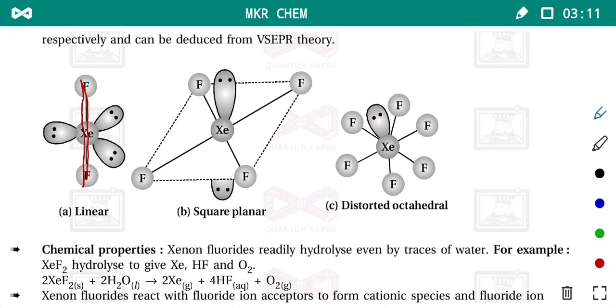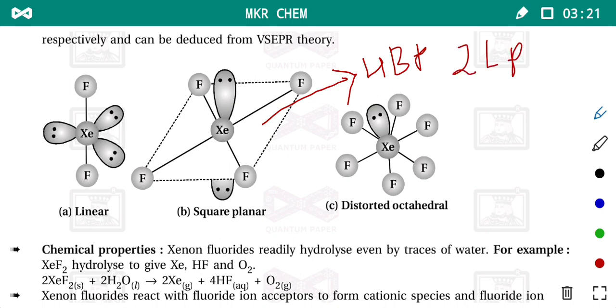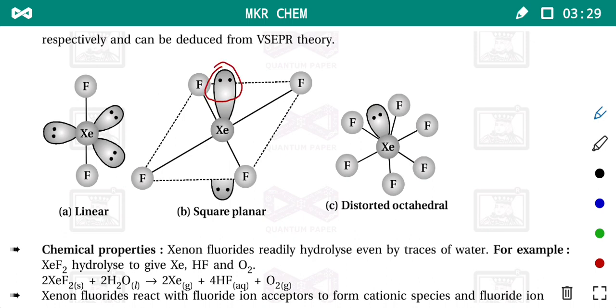Similarly observe XeF4. In XeF4, 4 bond pairs and 2 lone pairs are there, arranged octahedral. In the resultant shape, one lone pair is on the upper side and another on the downside, not at 90 degrees, remember this is slightly bent. And these 4 fluorines give the resultant shape, square planar, a very easy shape.